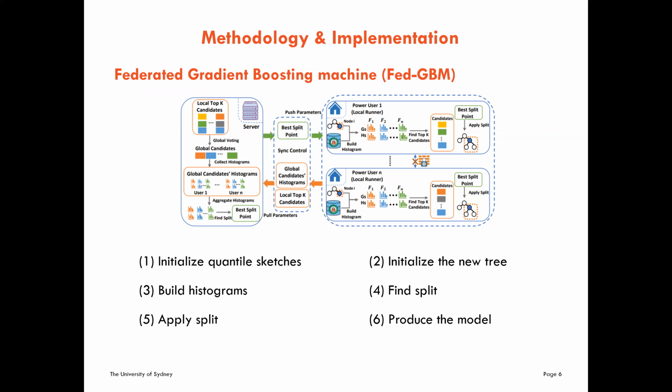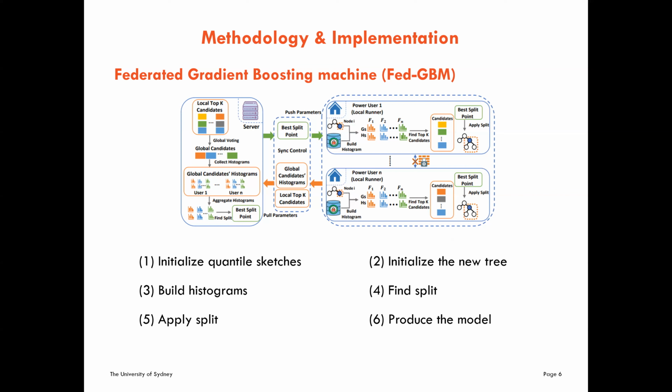First, the local runners jointly create the preset quantile sketches for different features and randomly initialize the prediction values for the local samples. Second, initialize a new tree. The root of the new tree is first pushed into the queue and set to active. Third, build the histogram. In this phase, for a given node, each local runner uses the first-order and second-order gradients to build a histogram.